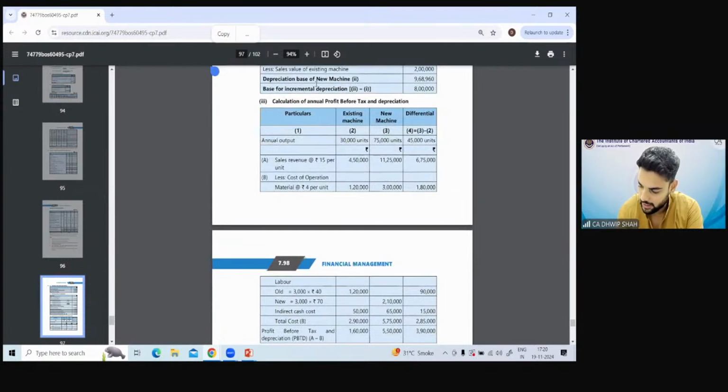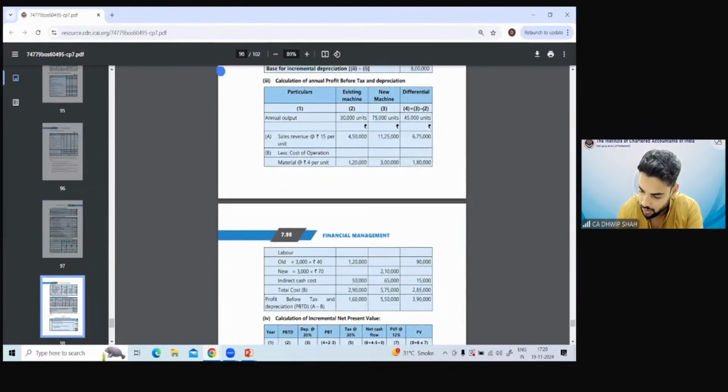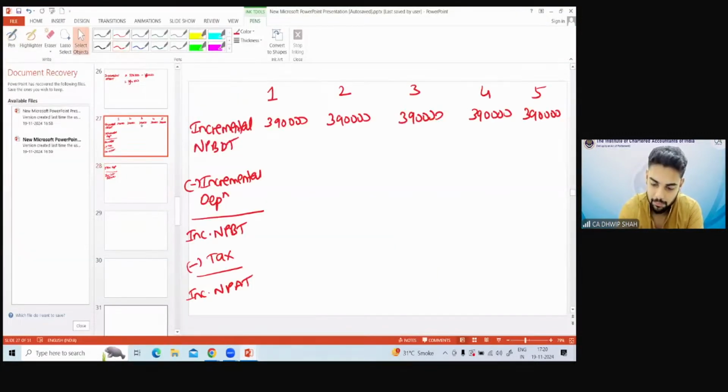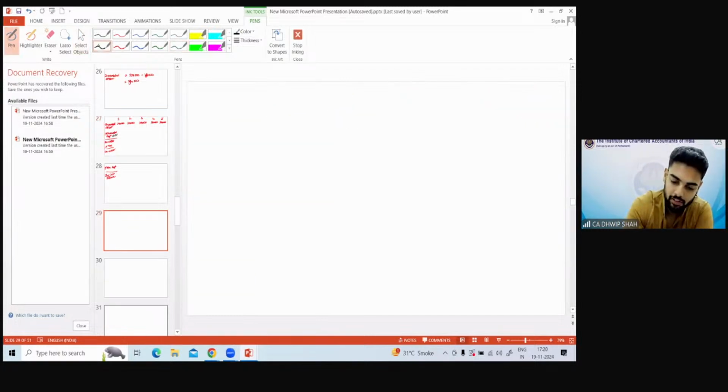So can you see incremental NPBDT comes to 390, 550 minus 160. Okay. Now next task and the very important task is calculating incremental depreciation. This is very important, or I would say crucial point of this question. So how to solve incremental NPV? Incremental depreciation.